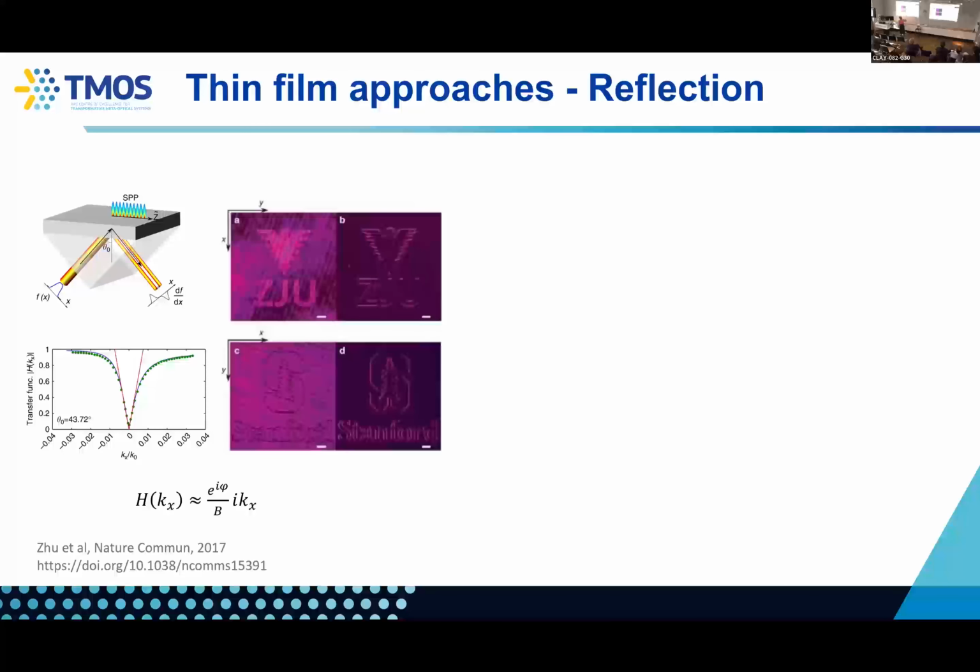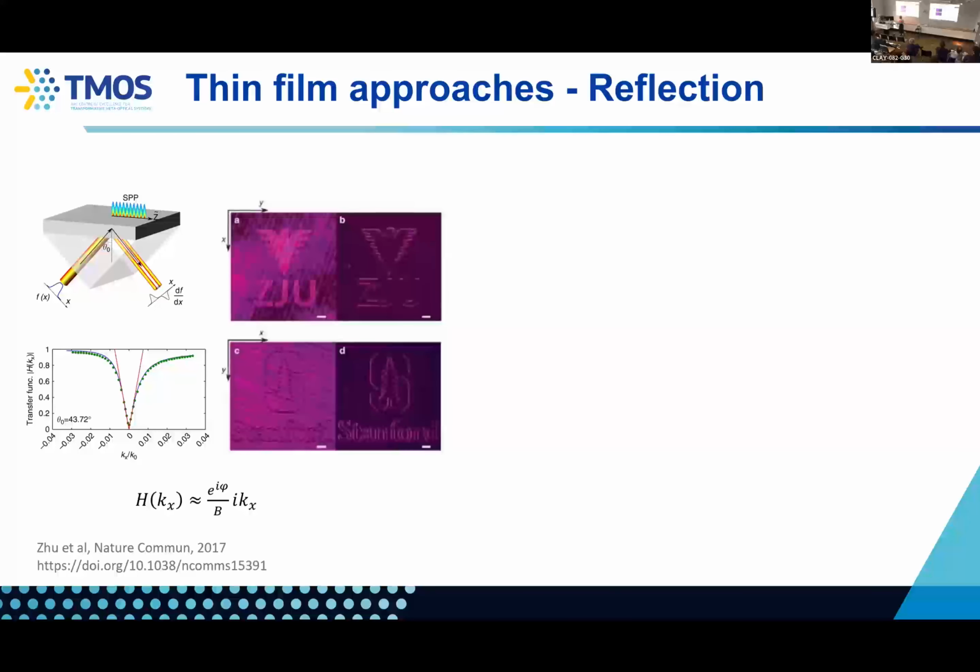Thinking back just about thin film approaches, one of the earliest, more recent approaches to non-local image processing was performed by looking at the excitation of surface plasmon polaritons on a thin metallic film. This is a phenomenon that's well known to have a sensitivity to angle of incidence.